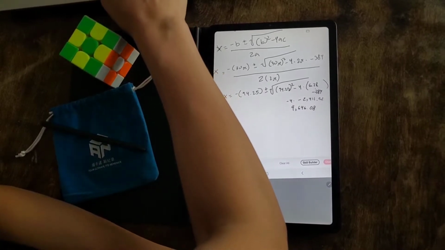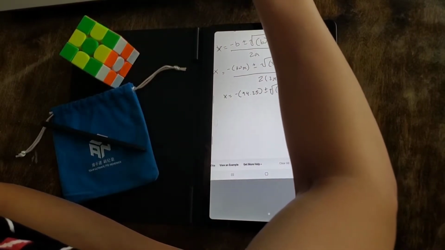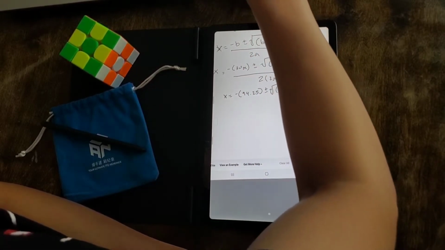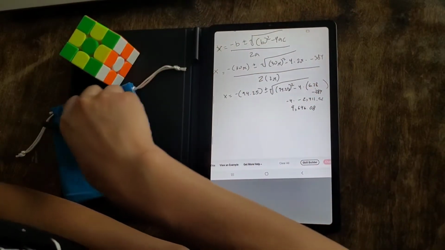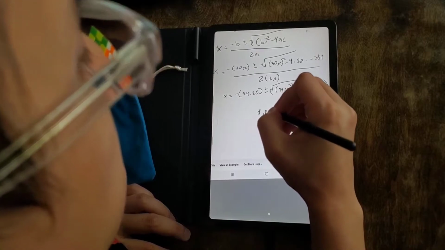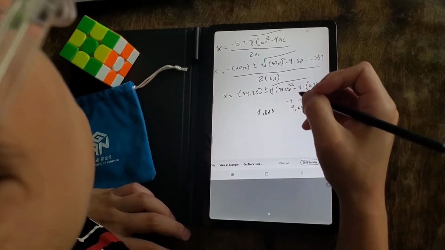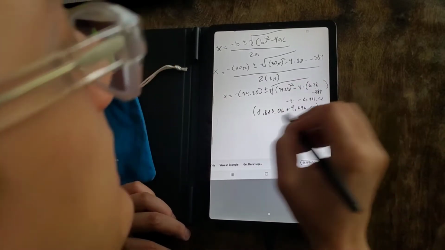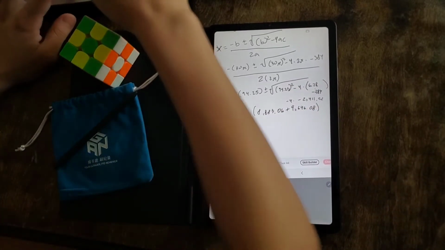Now, what is 94.25 squared? Well, we got 94.25 times itself, and you get 8,883.06. And now we have to add these two big numbers.